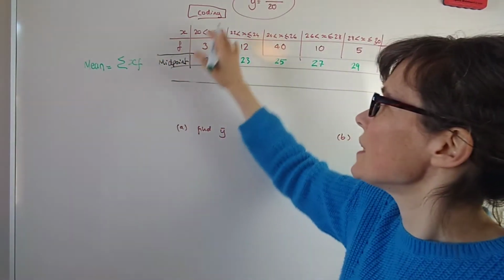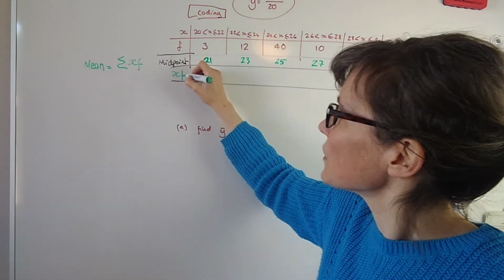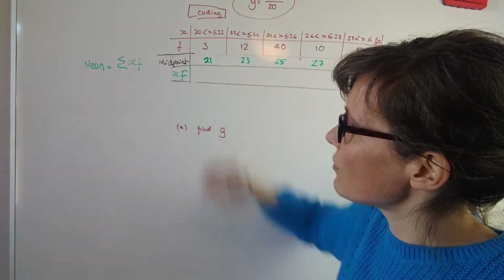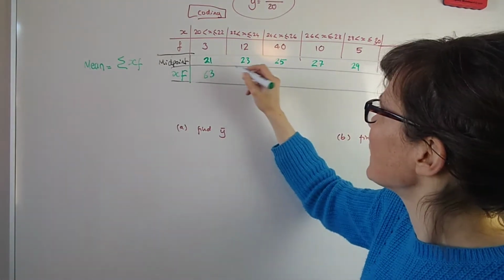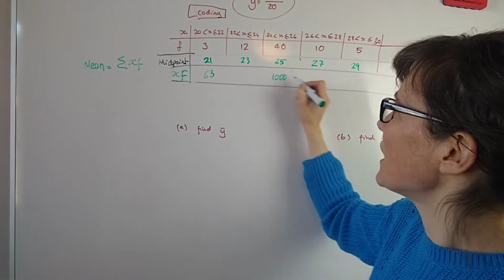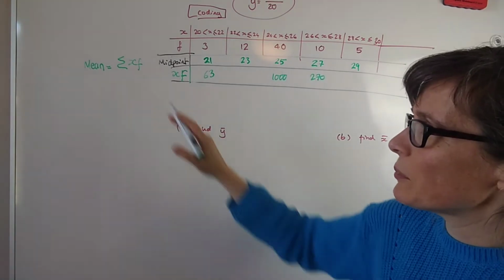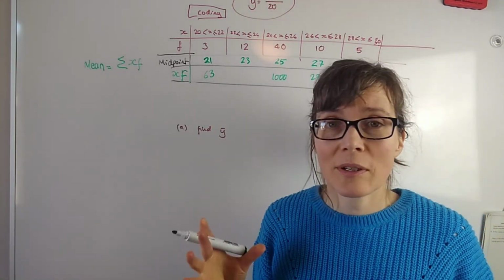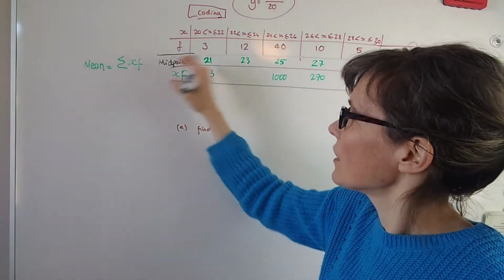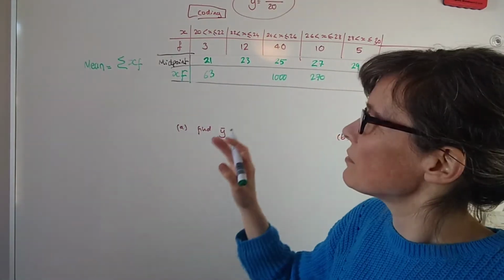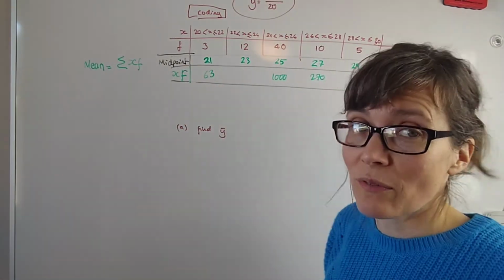So we multiply these, 3 times 21, 12 times 23. We could have this xf row in here. We'd get 63. Some of these are easier than others, 1,000 in there, 270, something like that. And we would add those all together to find the total number of hours that all of these light bulbs together have given us. And then we would have to divide it by the total number of light bulbs.